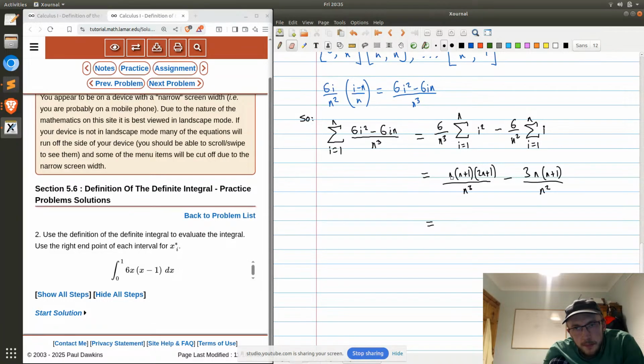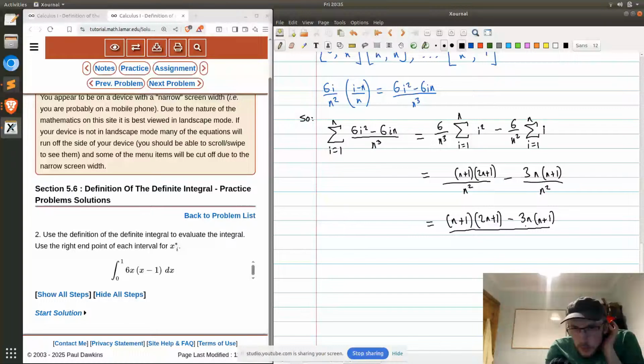Into squared. All right, now they have a common denominator at least. Okay, so why don't you clean up that? 2n squared take 3n squared.